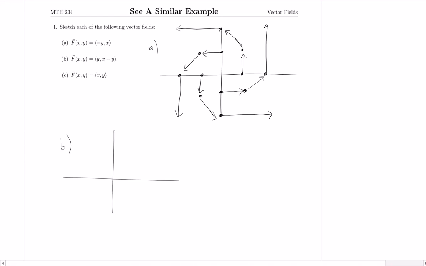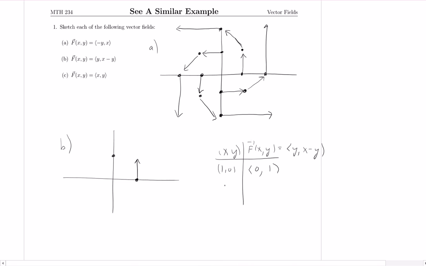So part B, (y, x minus y). I'm going to pick pretty much the same points as before. Maybe I'll make a table here: x, y, F of (x, y). If I pick (1, 0), I get (y, x minus y), so that points straight up.